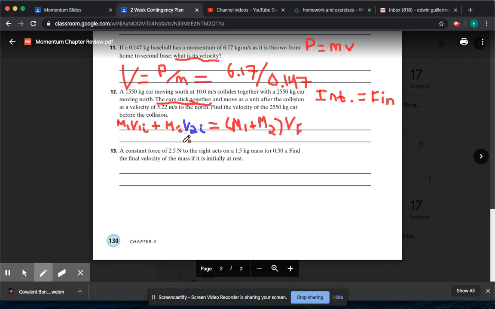After doing some algebra, we get that V2 initial is going to be equal to, and let me change this back to red, M1 plus M2 times VF.